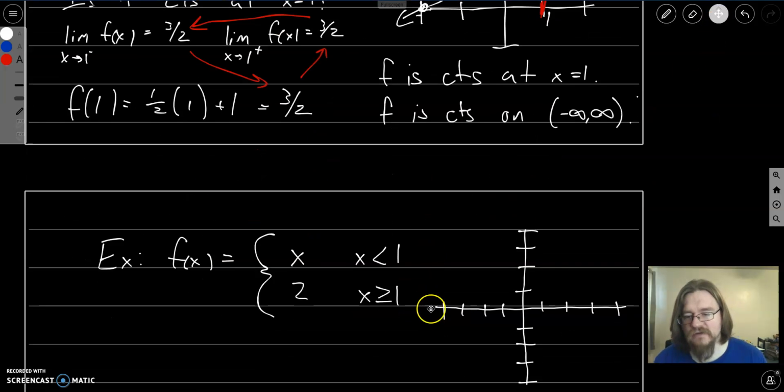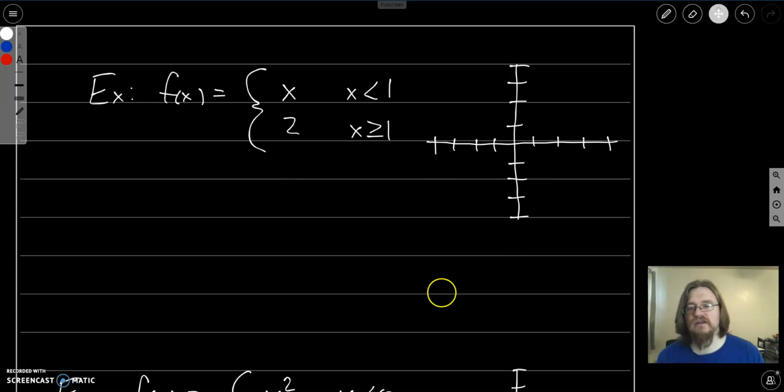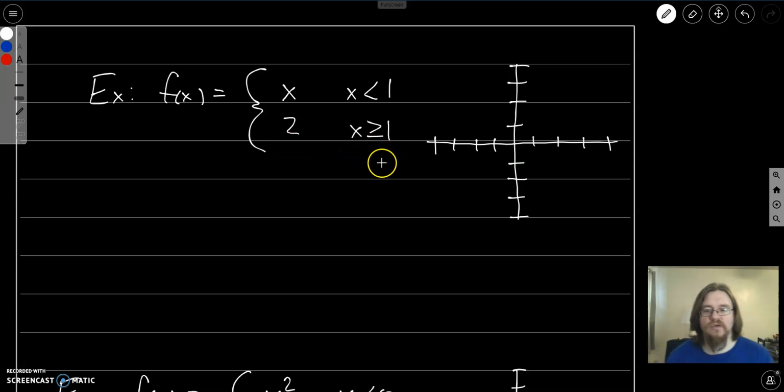Let's look at another function. Here we've got a piecewise defined function. We've got f of x is going to be equal to x as long as x is less than 1, and f of x is going to be 2 when x is greater than or equal to 1. So let's look at our function here.